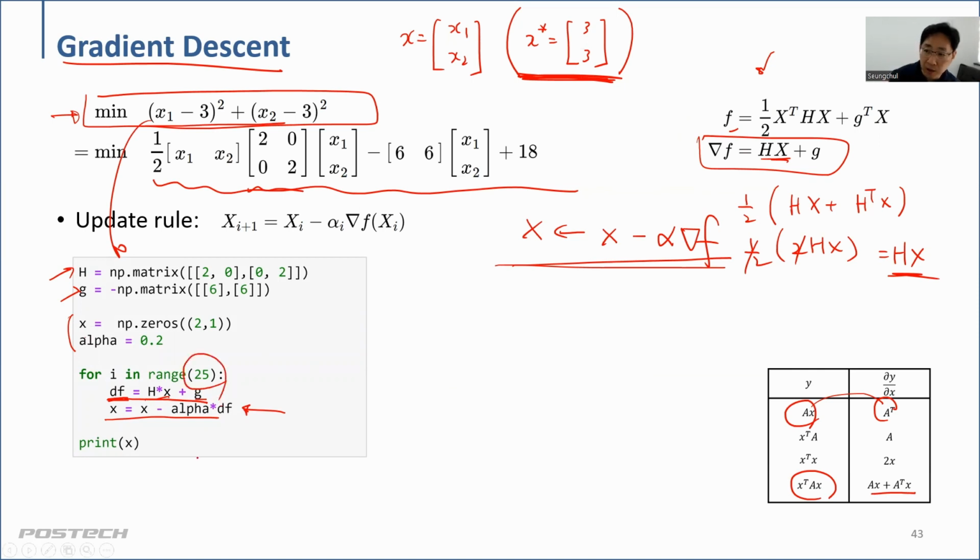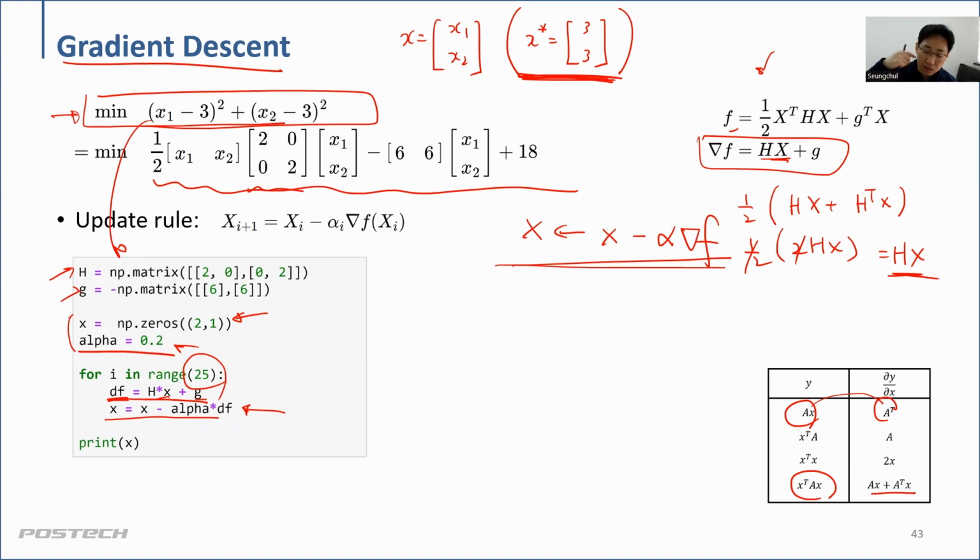You can use 25 or 100 iterations, it's really up to you. And we have to set the value of alpha, the step size. It happened to be 0.2, but you could say 0.1 or 1. It's a tuning parameter. You have to try different values. And this is the initial point of X.